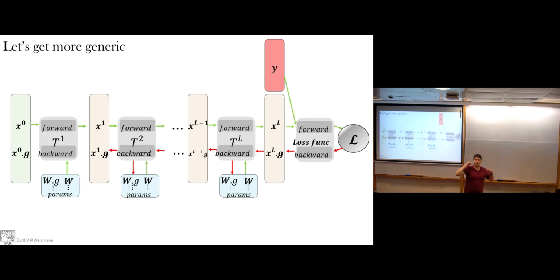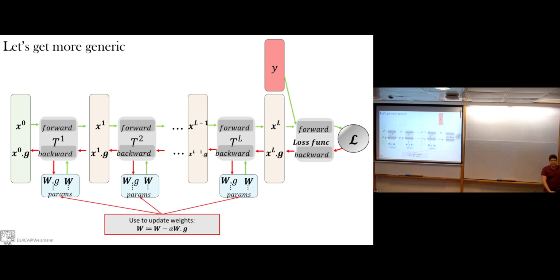In the old vanilla case, I explained that we do this with respect to the neurons, and then we can do it with respect to the weights, because it was a very specific function. But when it's all generic, the backward functions should provide you the gradients also with respect to the weights. So you got the gradients. All you have to do now is the gradient descent step, where you take all the weights and subtract the gradient multiplied by the learning rate.